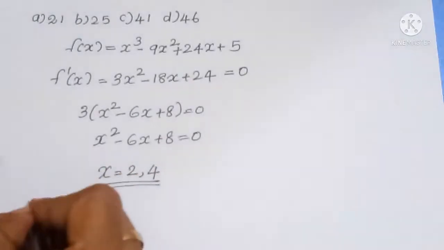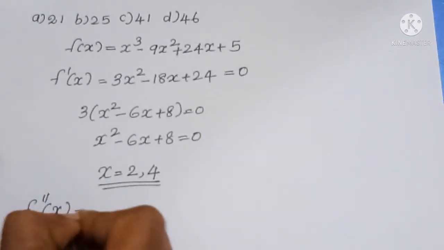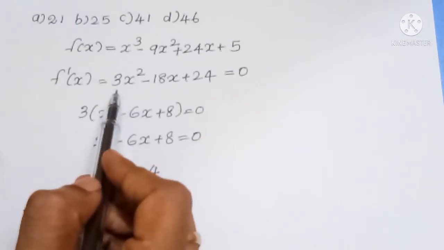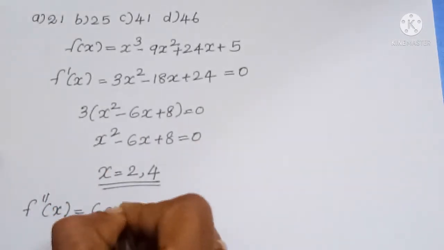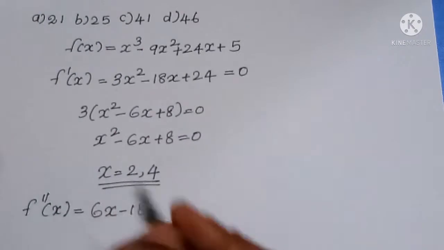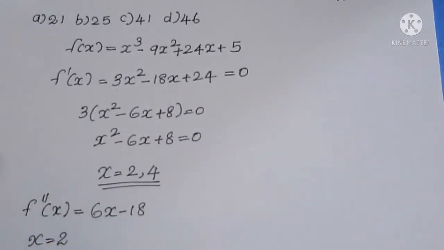Okay. Then what is the second step? Find f double dash of x. This is our f dash of x, so we take the differentiation of f dash of x. So we will get 6x minus 18. Then we need to substitute first x is equal to 2.